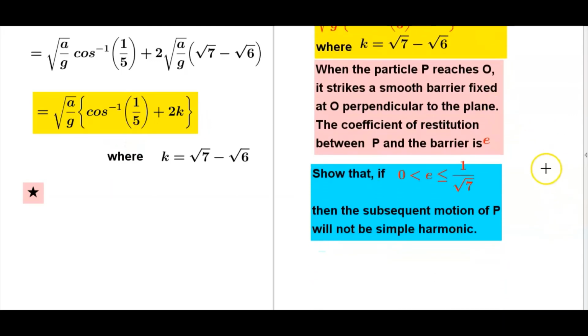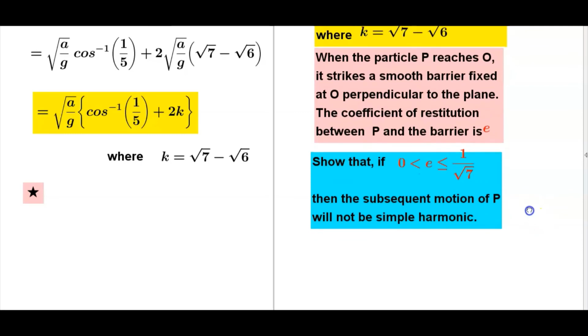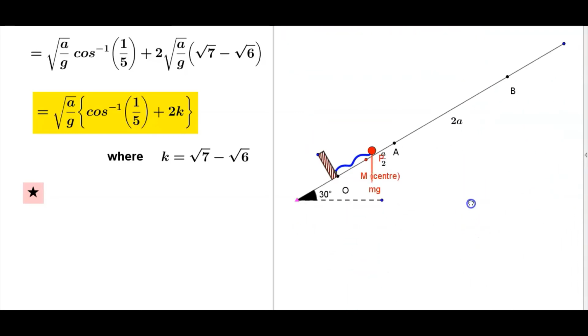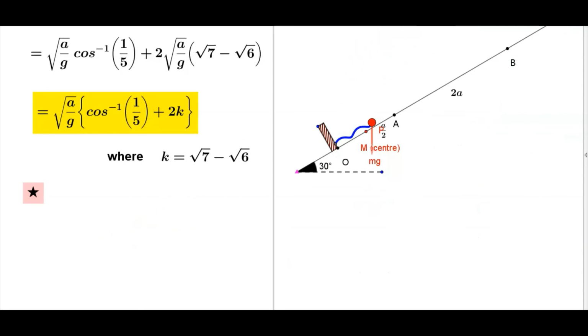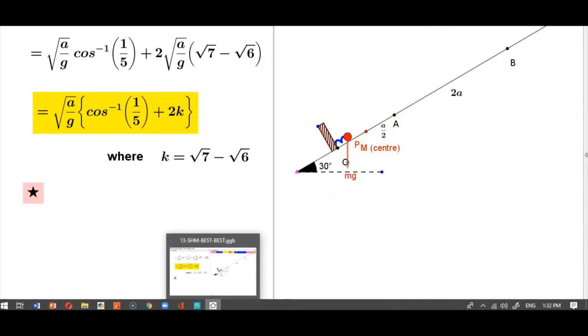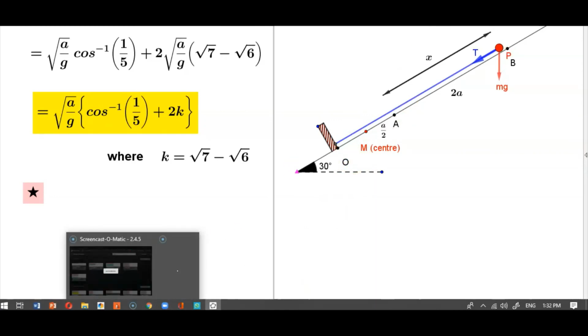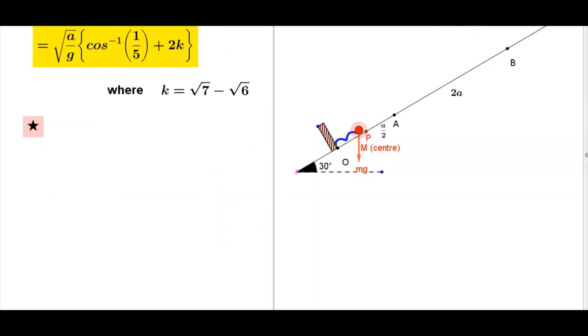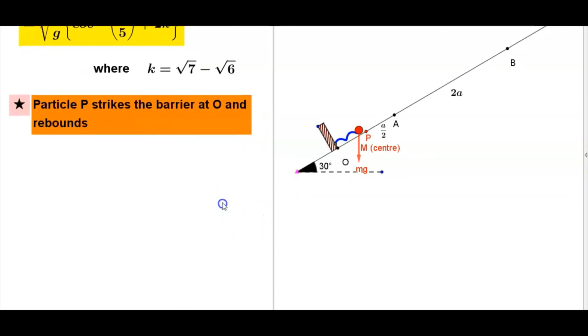Next part. The particle P reaches O and strikes the barrier. Impact with the barrier: the particle comes, impacts and then rebounds back. Particle P strikes the barrier at O and rebounds.